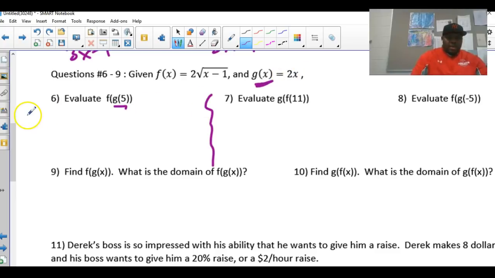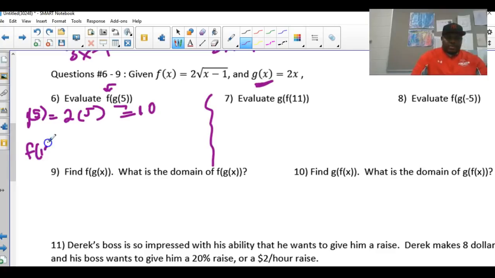So g of 5 equals 2 times 5, because that's g of x and we're evaluating x as 5. So 2 times 5 is 10. Now I've got to evaluate the outside function, which is f. I'm going to take that 10 and plug it into f.